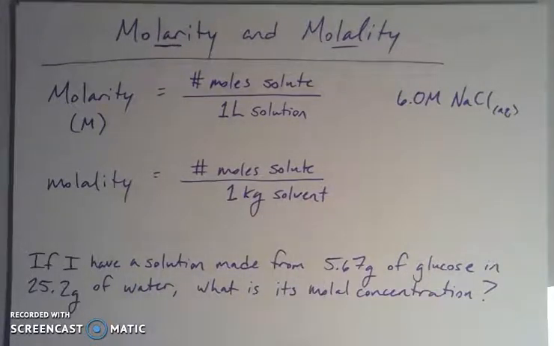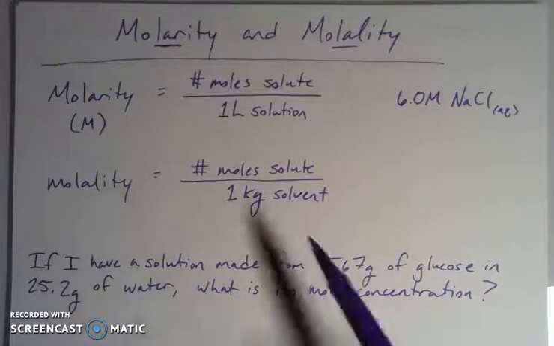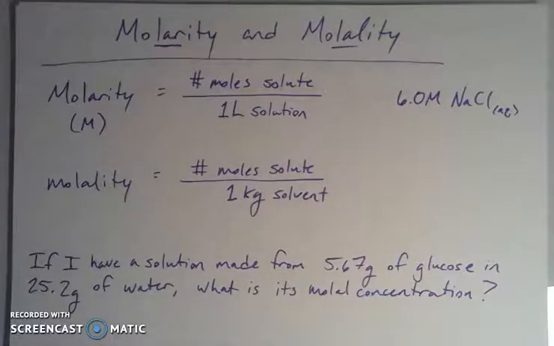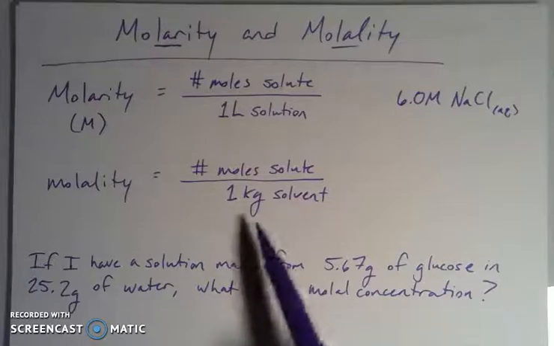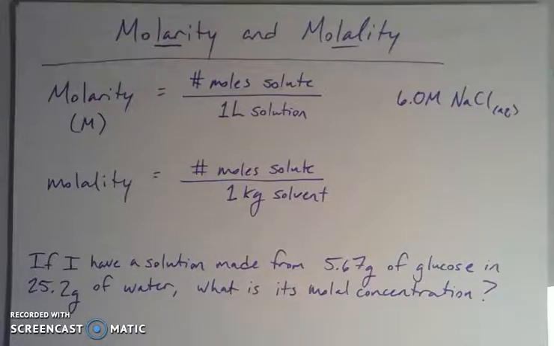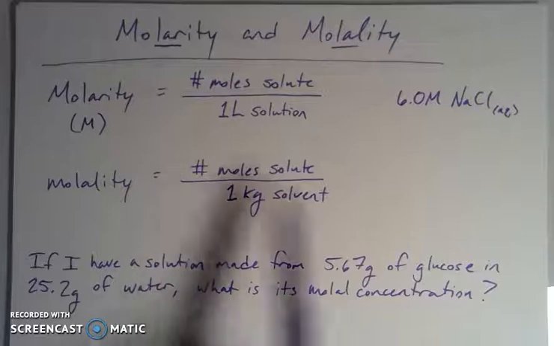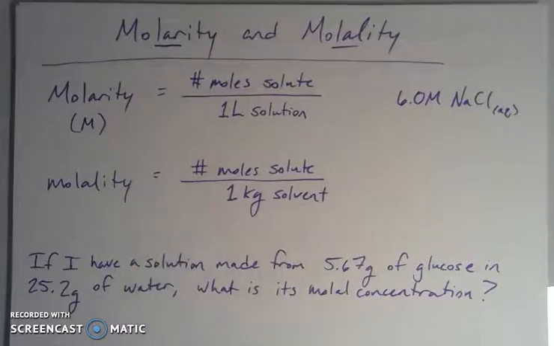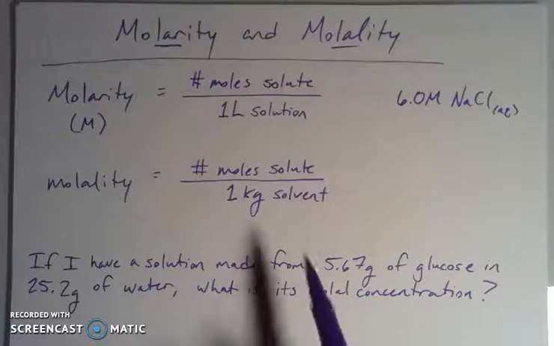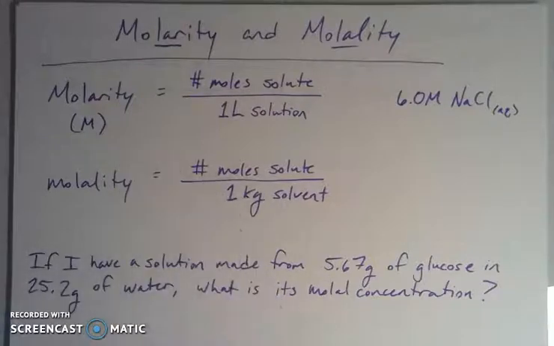So we're still talking about moles of solute, but instead of being per volume of solution, we now have per kilogram of solvent. So of the thing you're dissolving into, for every 1 kilogram you have, how many moles of solute do you have? And this ratio, this concentration, is called the molality.